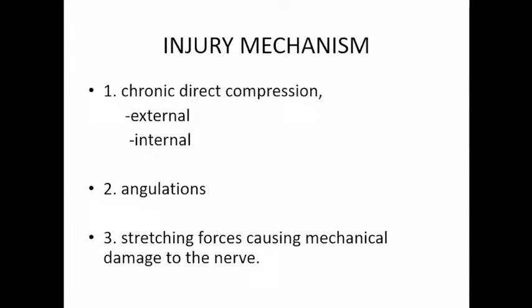And external pressure may also cause the nerve injury. Secondly, angulations in different parts of the body where the nerve makes sharp turns may also trigger nerve entrapment syndrome. Thirdly, stretching forces causing mechanical damage to the nerve can also contribute to the injury mechanism.